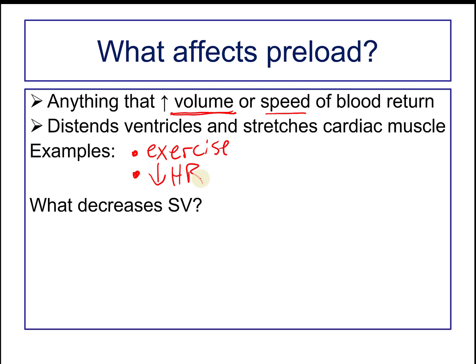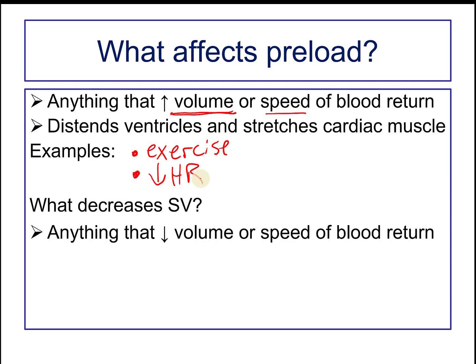On the other hand, what kind of things decrease stroke volume? Well, anything that decreases the volume or speed of blood return. So an example of that might be blood loss. And of course, this is not a long-term thing, hopefully, but it can decrease your stroke volume. A rapid heart rate, and in some people, the heart rate is elevated.